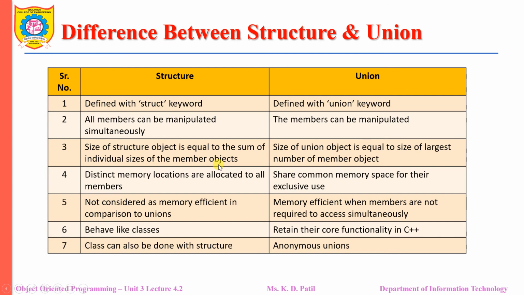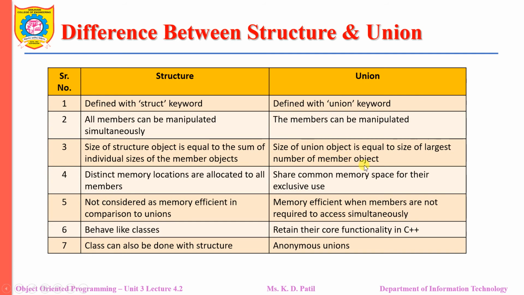If I have two members of a structure, integer a and character b, then the size of my structure variable will be 2 bytes for integer and 1 byte for character, which is equal to 3 bytes. But the size of the union object or union variable is equal to the size of the largest member object.